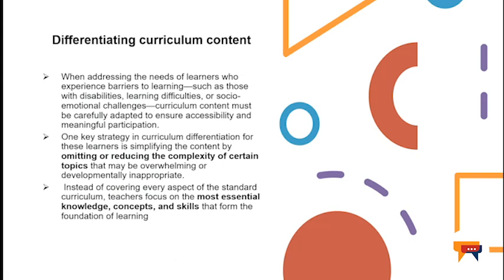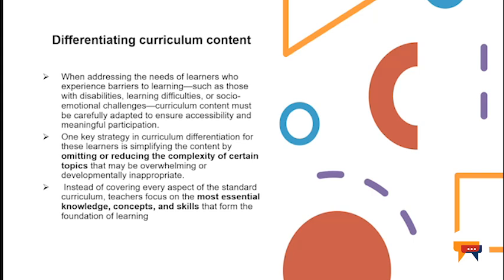Let's look at the question of differentiating curriculum content. When addressing the needs of learners who experience barriers to learning, such as those with disabilities, learning difficulties, or socio-emotional challenges, curriculum content must be carefully adapted to ensure accessibility and meaningful participation.